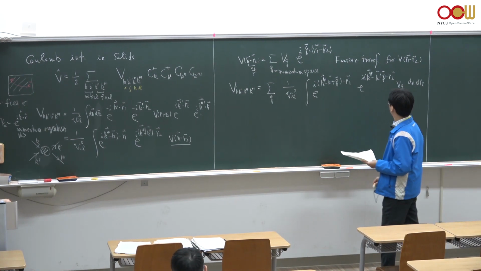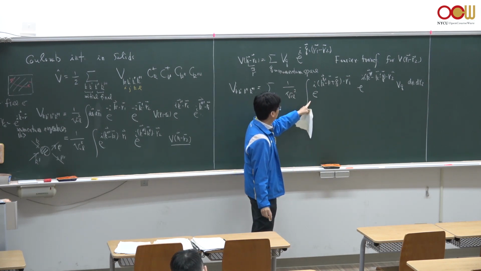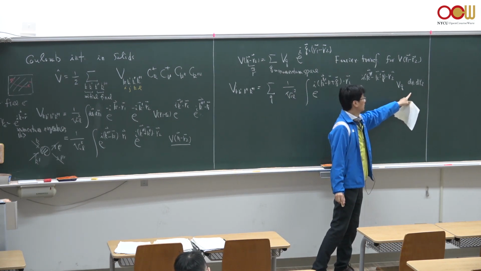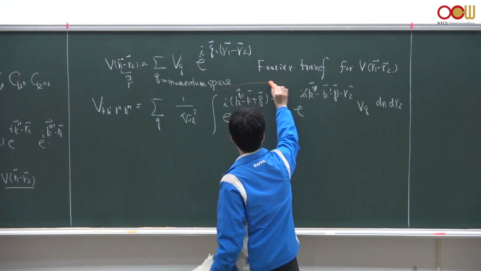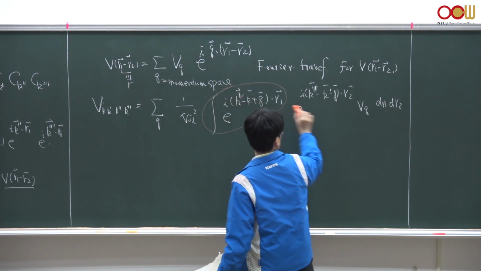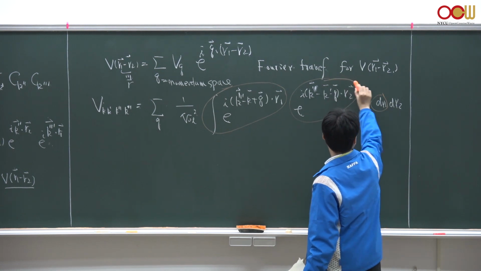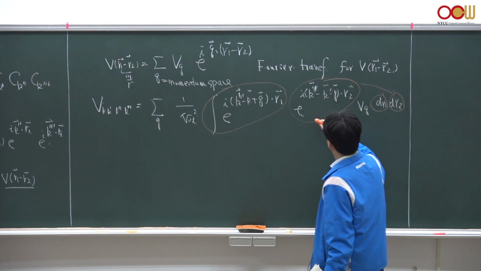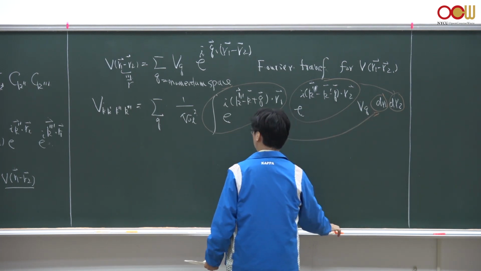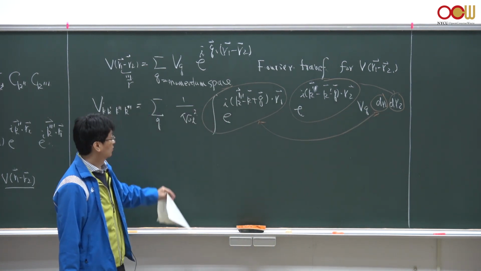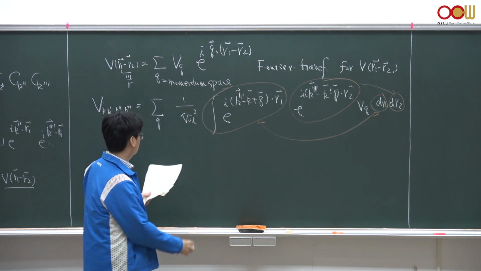So now you could perform this Fourier integral to get rid of these exponential factors, because you could just integrate over R1 and R2 independently. So these two integrals could be separated, and when you evaluate this integral, you get the Dirac delta function, right?